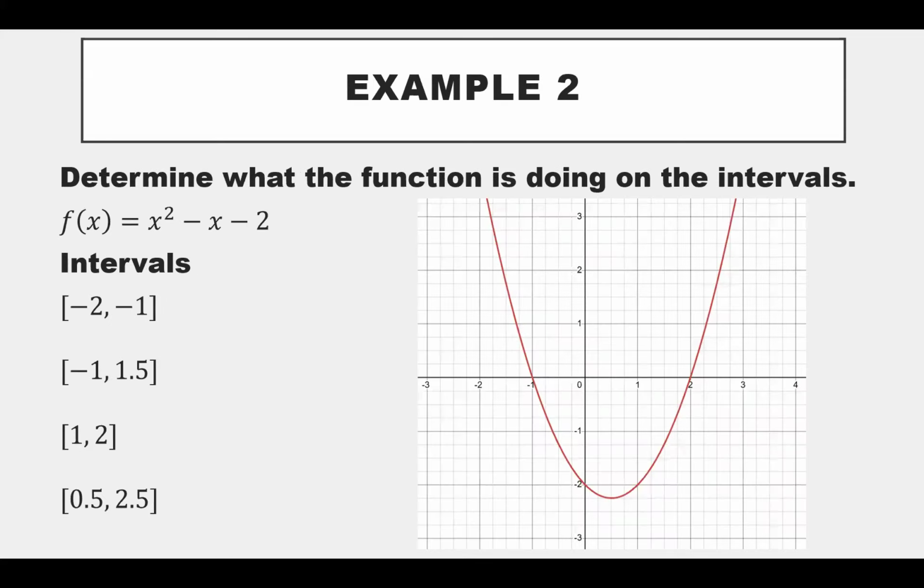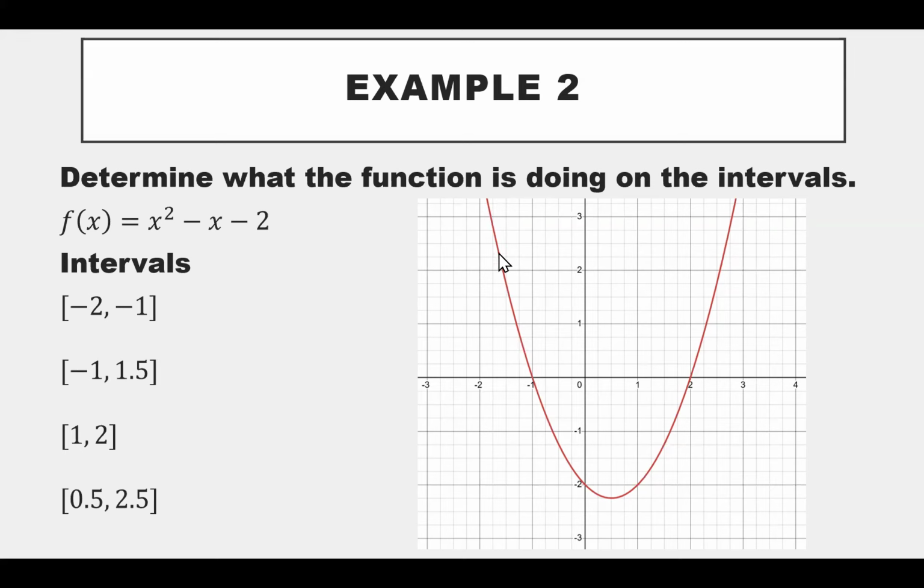Let's take a look at the graph that we've been viewing. F of x equals x squared minus x minus 2. That gives this graph. And we're going to say, what's the function doing? Well, as I move left to right, I'm increasing in x values.